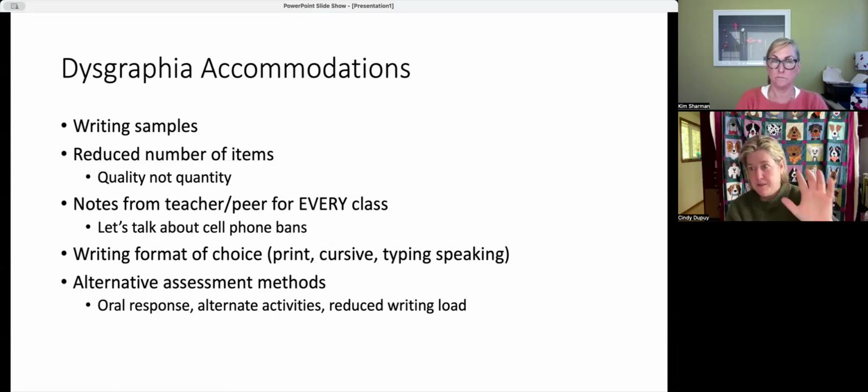And if you feel that there is a legitimate reason why your student should have any of these accommodations, based on what we've described, you can make the argument for why your student needs them. There are many more accommodations out there. We're trying not to overwhelm you. These are really big and important ones. And hopefully now you have enough context to help you argue for it for your individual student.